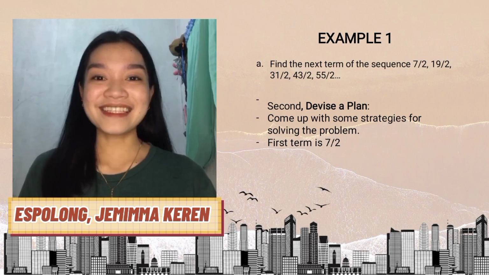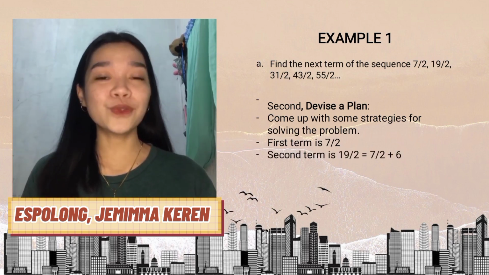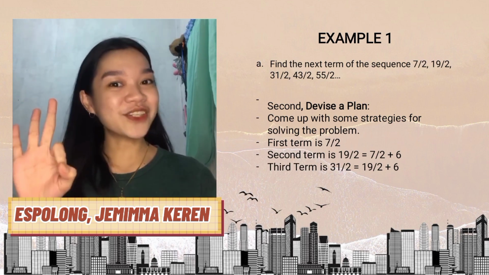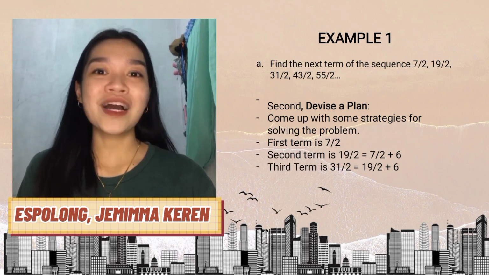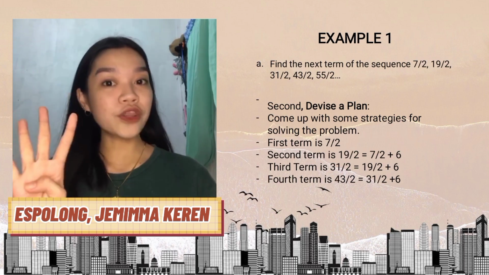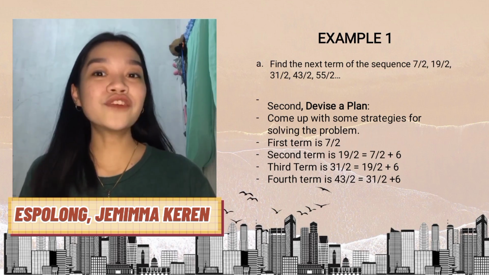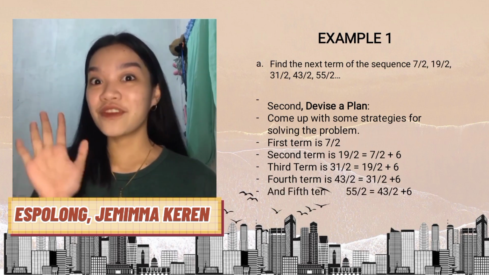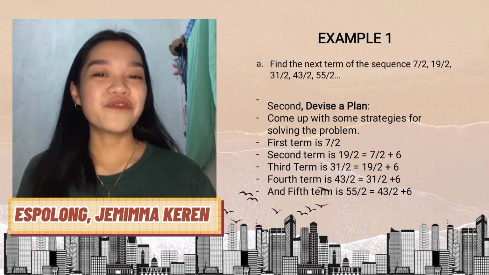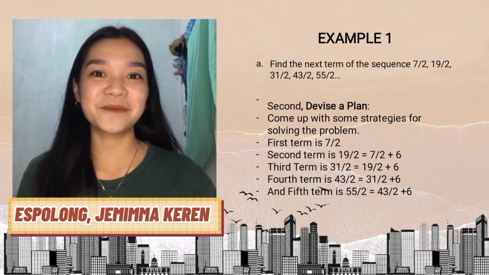First term is 7/2, and the second term is 19/2 equals 7/2 plus 6, and the third term is 31/2 equals 19/2 plus 6, and the fourth term is 43/2 equals 31/2 plus 6, and the fifth term is 55/2 equals 43/2 plus 6.